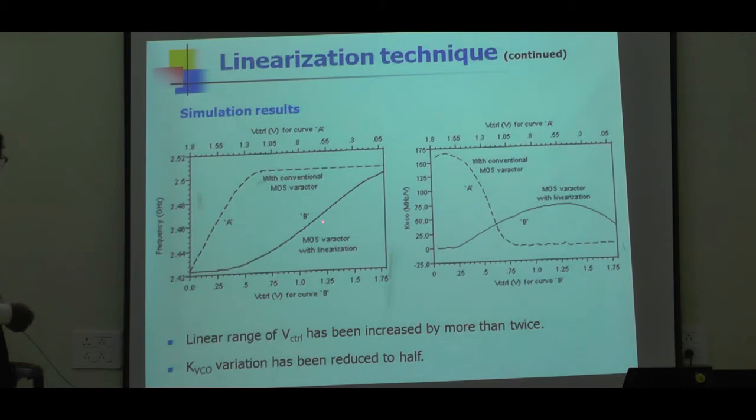So this way you can improve the tuning range. I am showing you something like that. If you look at the conventional MOS varactor, this is the voltage control, from 0 to 1.75 volt, and this is how the frequency is changing, because f equals 1 by 2π root over LC. So you can change the capacitors and correspondingly find the change in the frequency.